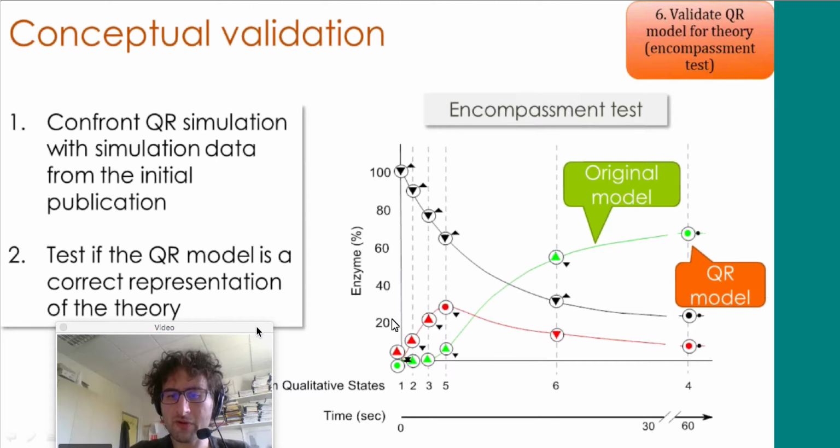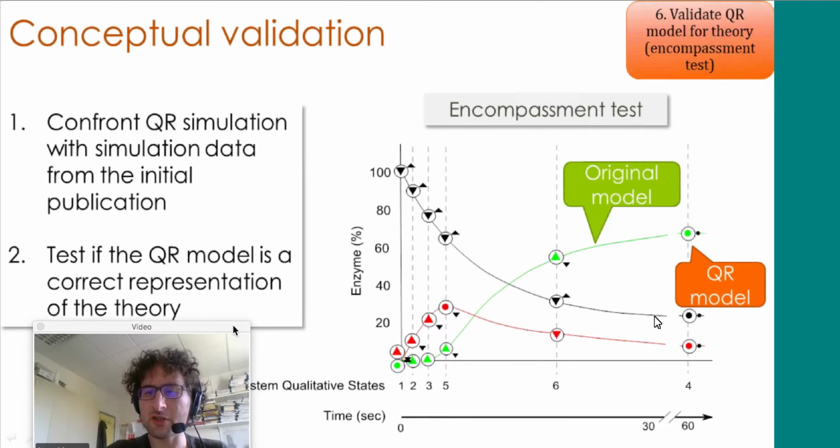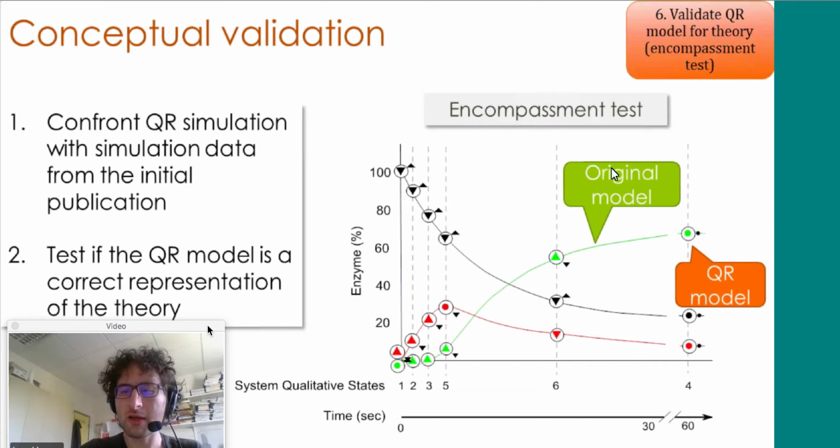We have represented the simulation curve from the initial publication, original model, and we have put the states simulated by the QR model above and checked whether or not the two simulations are consistent, or in this case, it is consistent. So we have probably a consistent mapping of the original model using QR. So here's the goal. As I say here, we test if the QR model is a correct representation of the theory. This is what we call the encompassment test.